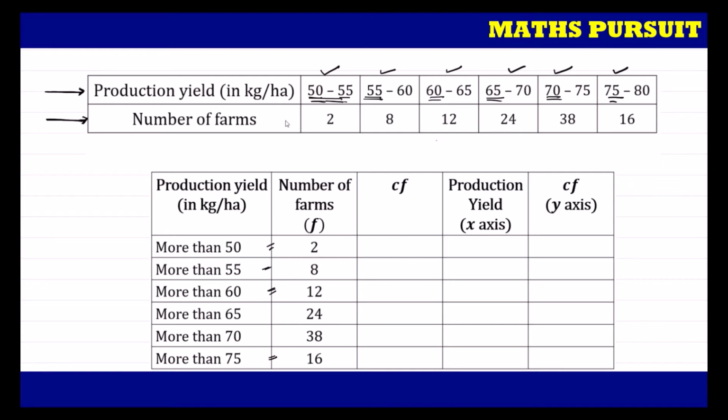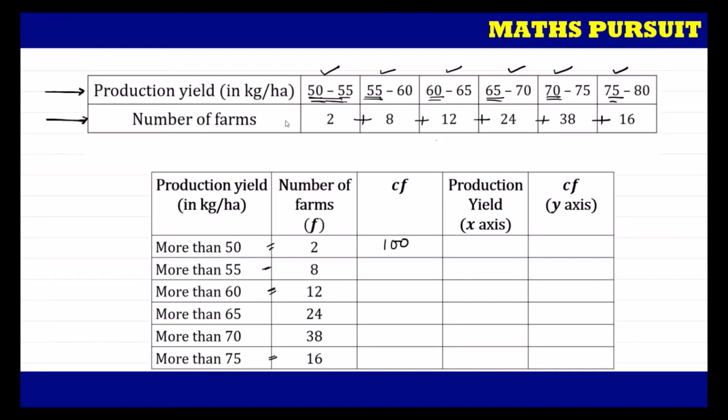So for that reason, we take the sum total of these figures, and that figure is going to be our cumulative frequency. If we add all these figures, we get 100. So the first cumulative frequency is 100.